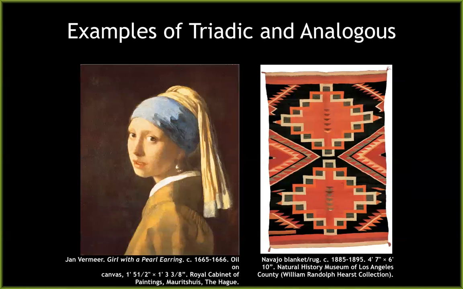And then on the right, there's analogous. So red and orange are the main colors, and then the artist has incorporated some red orange and orange yellow, all next to each other, with little pops, as you can see, of a greenish color, which is a contrasting color to red.